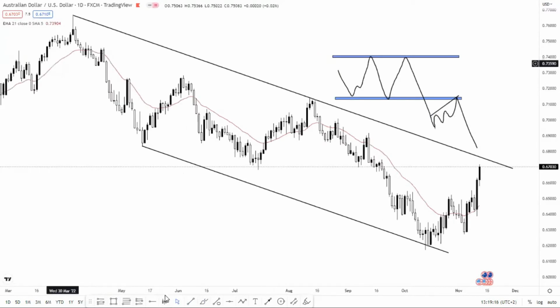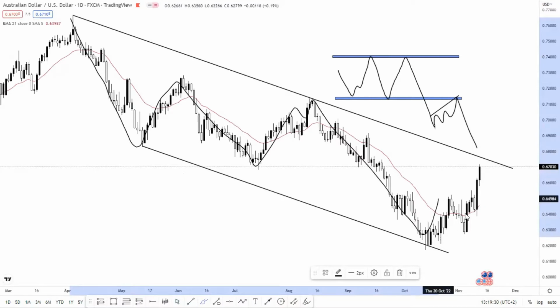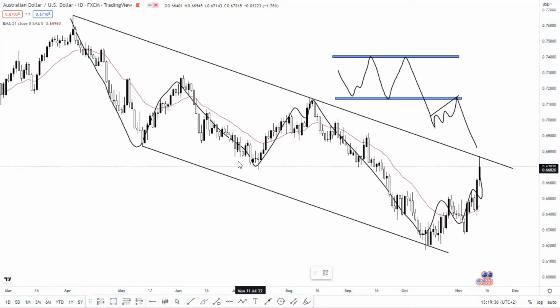Okay, so from here you can see that we have impulse, correction, impulse, correction, impulse, then correction. So we will look at the major zones, or we'll put our support and resistance zone.